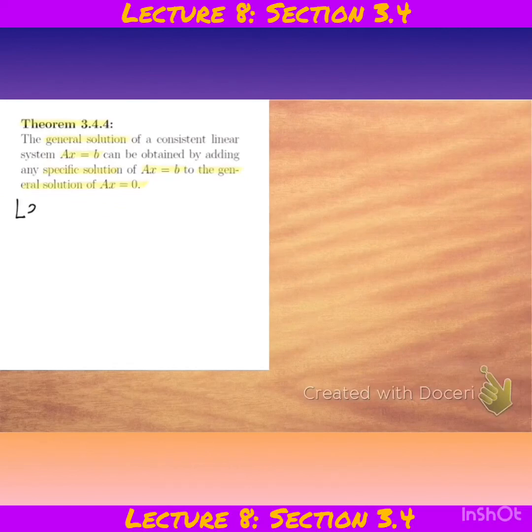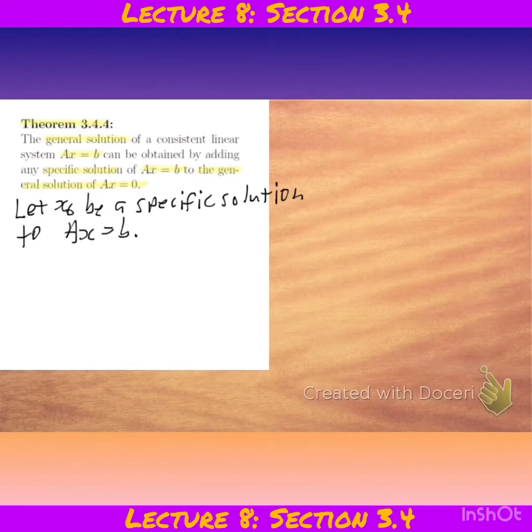So what you're going to do is let x0 be a specific solution to Ax equals b. Now, first of all, we want to see what a solution to Ax equals b looks like.